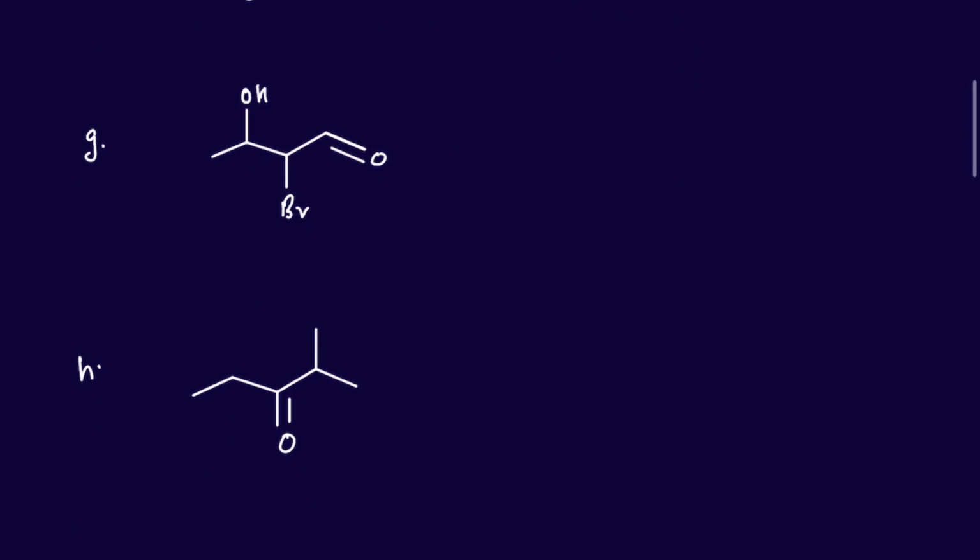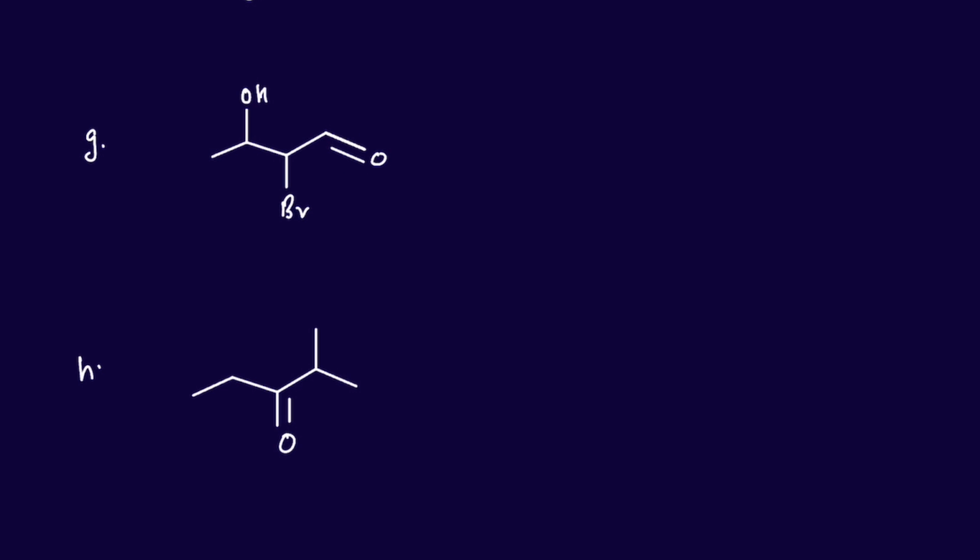Let's look at this next one here. Okay, I got multiple functional groups. I got an OH there, while bromine is just going to be a substituent, and you got an aldehyde. Now, between an alcohol and an aldehyde, you cannot have both of those acting as functional groups when you're naming those according to the IUPAC rule. You must have one of them acting as a substituent and the other one as a functional group.